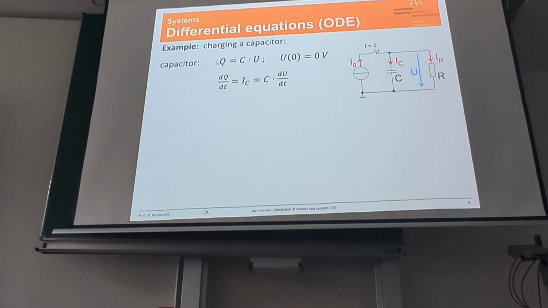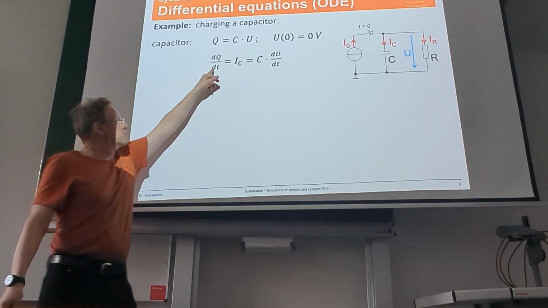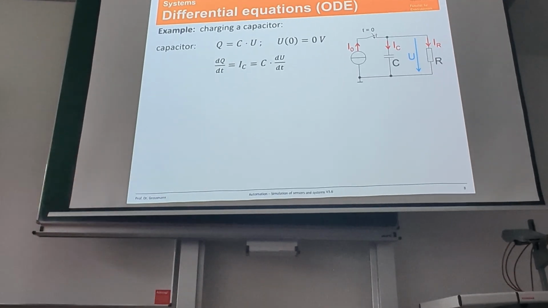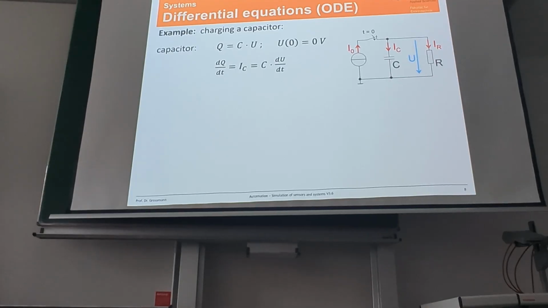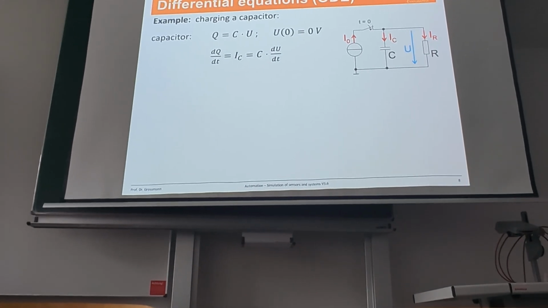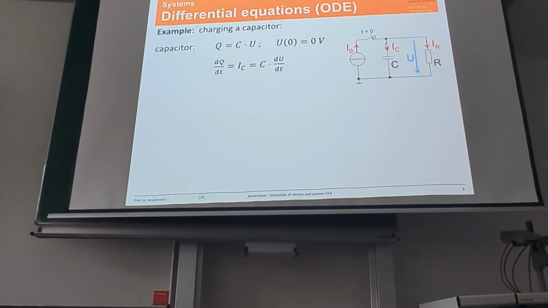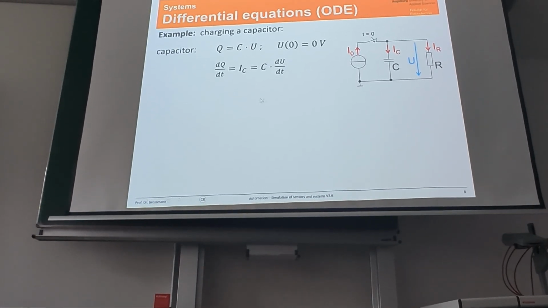Let's go one step further. If we change the number of charges, so that means we have a derivative in time, that's nothing else than the current which flows in or out of the capacitor. This is the current I_C, which is drawn here downwards.